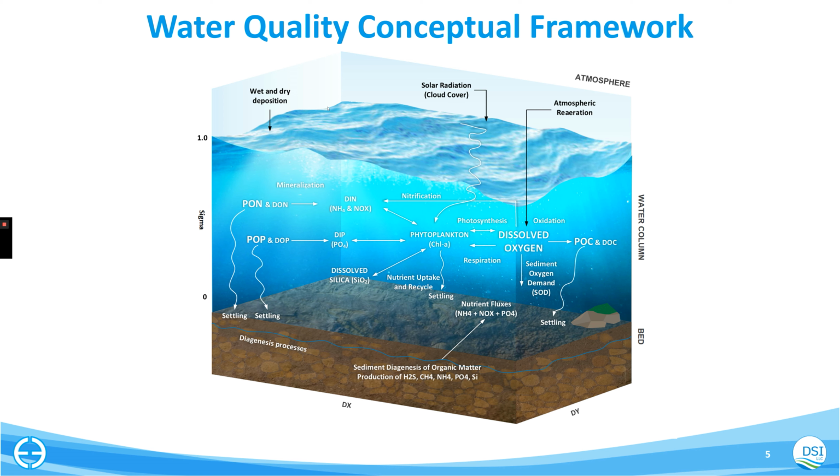And then, generally, what is your end point on water quality? It's usually dissolved oxygen. That's really the target that you're usually shooting for, but it also could be chlorophyll A, which is the net phytoplankton results that are in the water column. And we'll talk a little bit about how that's built up. We don't directly simulate chlorophyll A in the model. We simulate the carbon component of the algal groups.